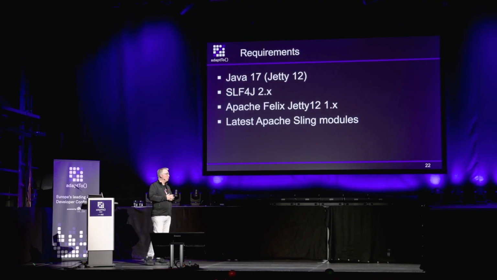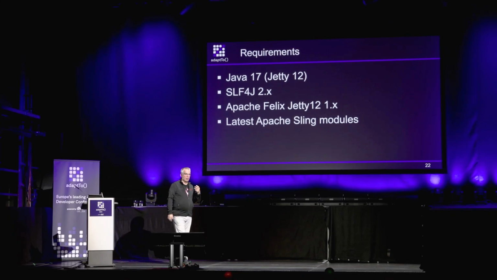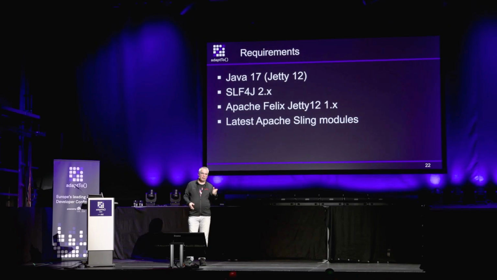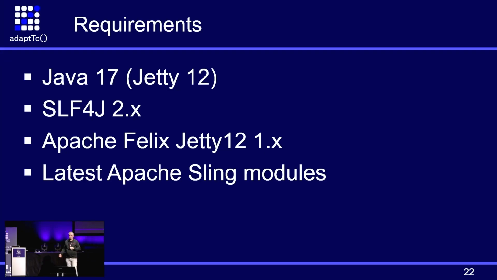There are a few caveats here. One is the requirements. What do you need to use the new Jakarta Servlet API and the Sling API? You need to be on Java 17 because Jetty 12 requires Java 17. You need Jetty 12, okay, obviously.